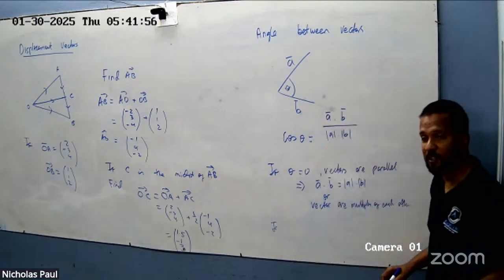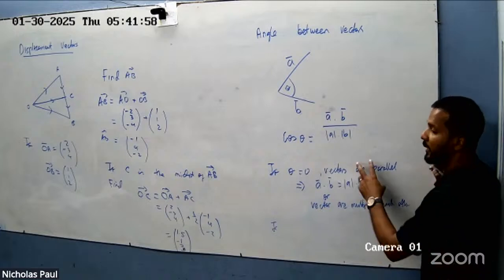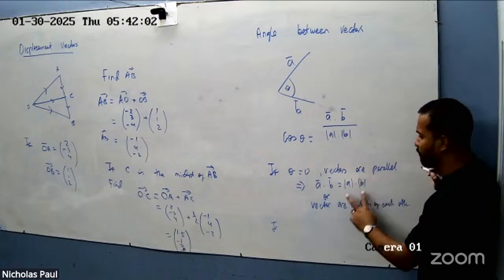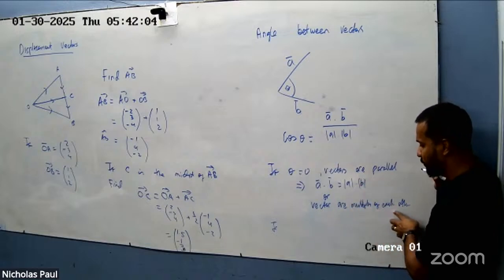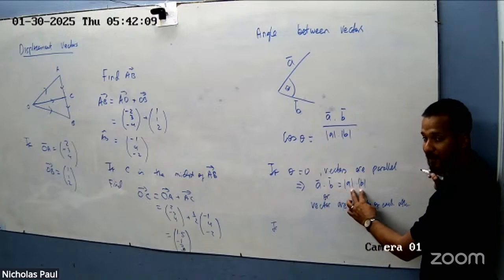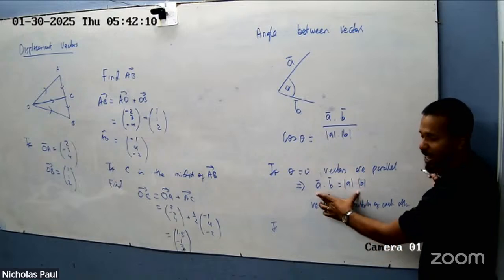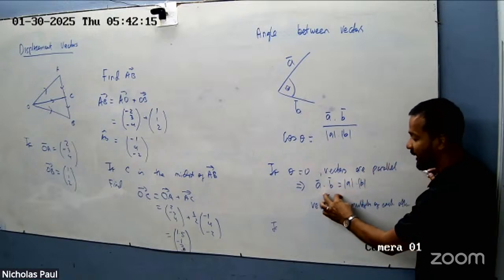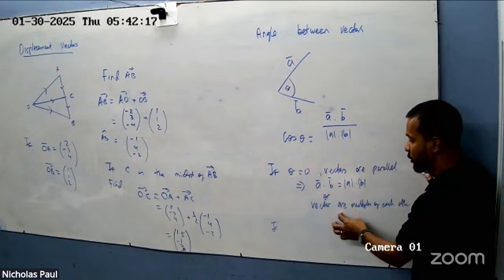So I want you to recognize two things. If the vectors are parallel, the vectors are multiples of each other, or the dot product is equal to the product of their magnitudes. You hardly ever use this though. You more often use the one underneath.